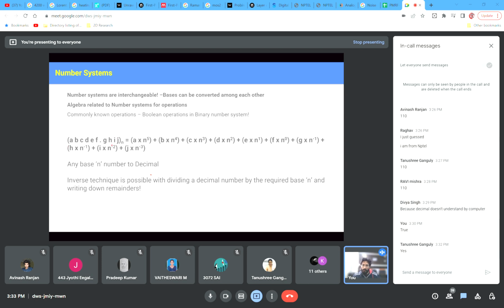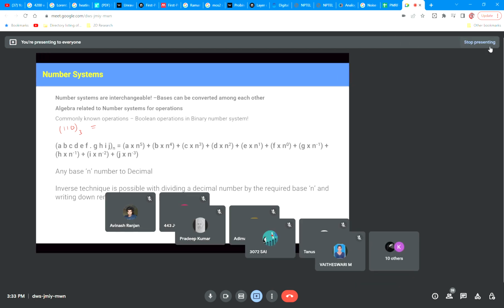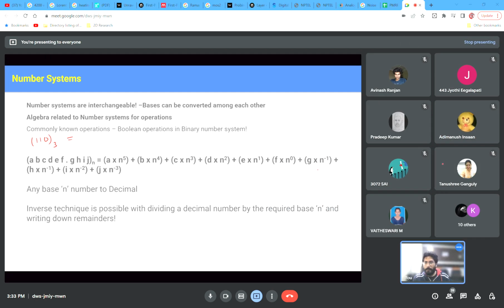So this very big looking formula that we earlier used. In the last example, we got the number 110 in base 3. There we don't have a decimal, but we can test out whether this formula really works or not. We had these digits.